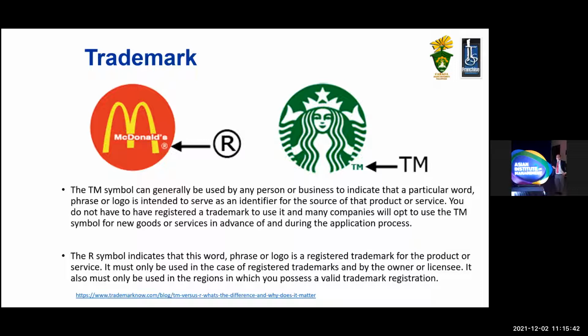But the R, the simple R, indicates that this word, phrase, or logo is already a registered trademark for that particular product or service or for the company. So it must only be used in the case of registered trademarks.